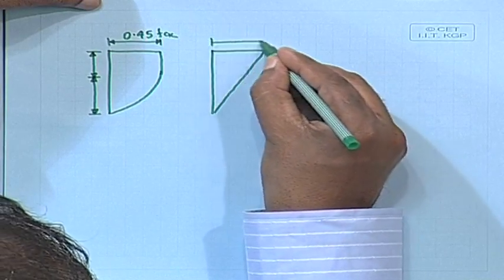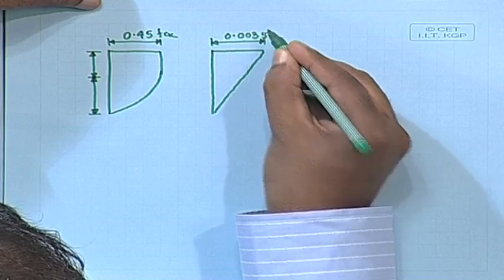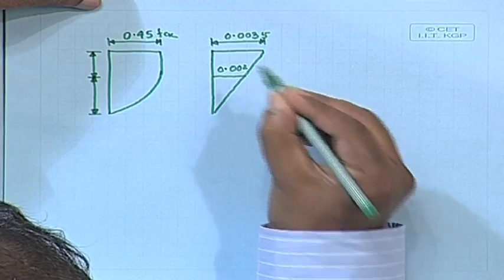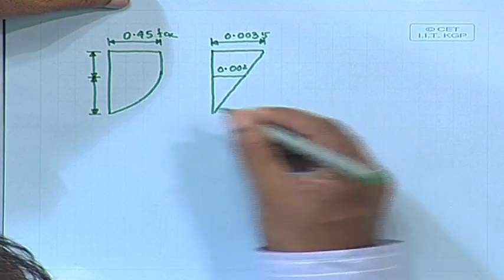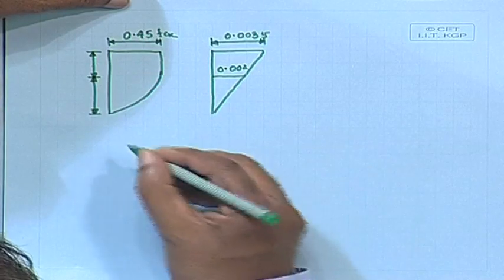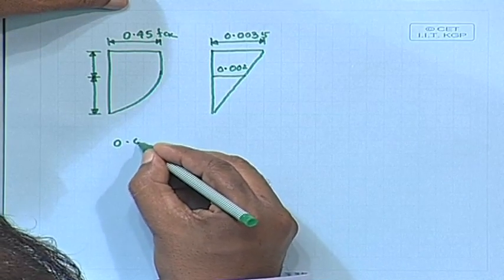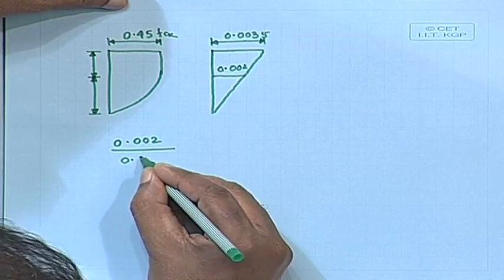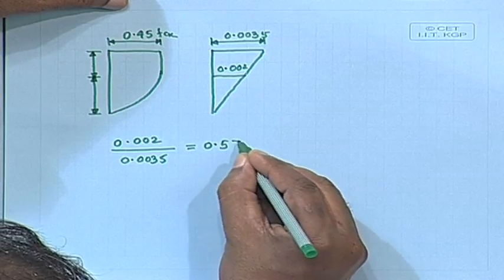The strain here 0.0035, this is 0.002. So, what about this value? This one will be equal to this value. Let us find out 0.002 by 0.0035, and which will be 0.57.